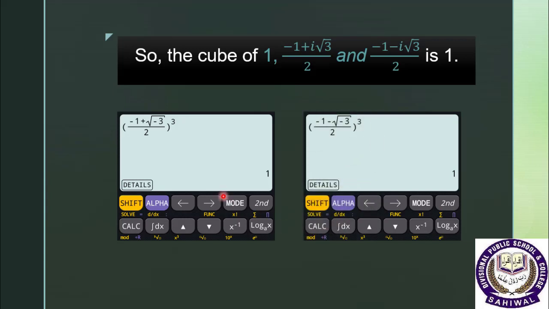As you can observe, minus 1 plus square root of minus 3 over 2, the whole cube, is equal to 1, and minus 1 minus square root of minus 3 over 2, the whole cube, is also equal to 1. So, these are the cube roots of unity.